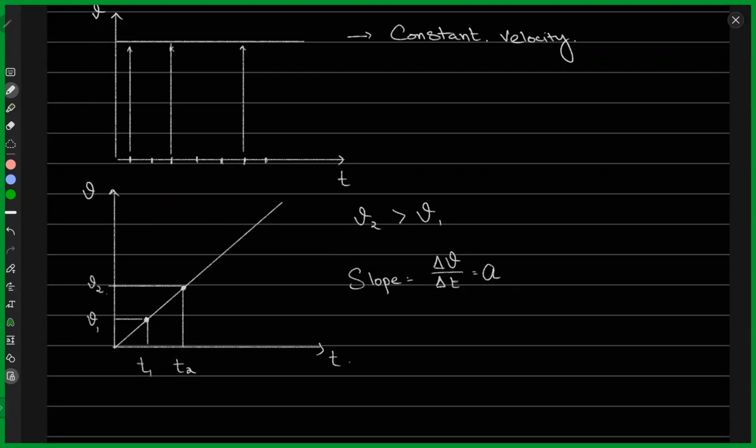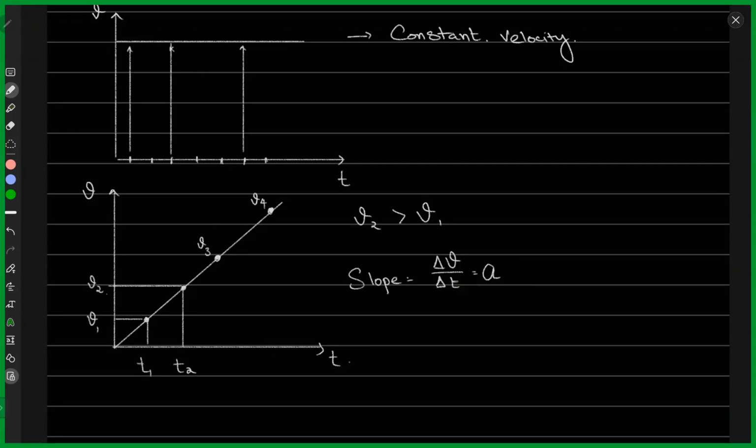And suppose in this case you have a slope like this, you can see that the ratio of velocity to time at every point is the same, right? So if I took this point or this point and computed, suppose this is v3 and this is v4 corresponding to some t3 and t4, I'd compute the slope in the same way and I'll still get the same value for acceleration, whatever value this a is.